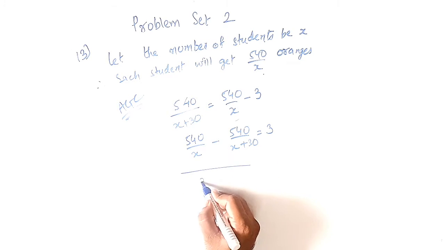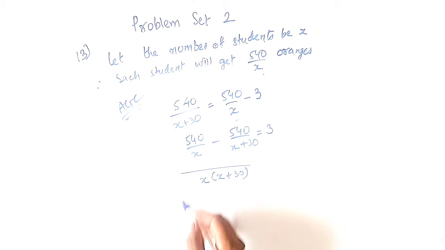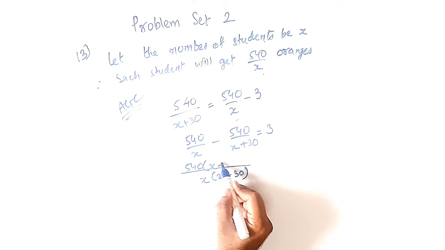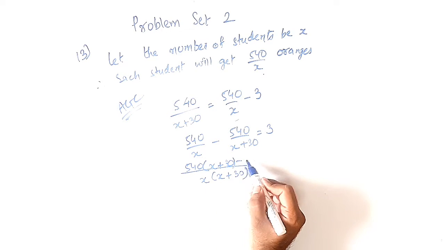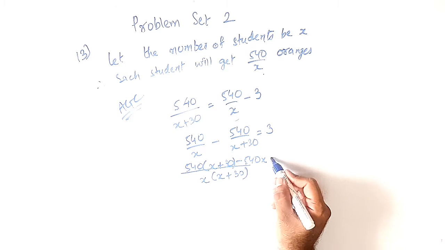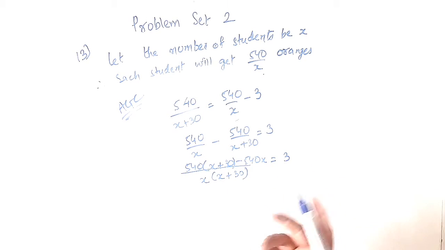Now making the common denominator x bracket x plus 30. So 540 will be multiplied, cross multiplication, to x plus 30 minus 540 into x, equals to 3, later on we'll cross multiply.